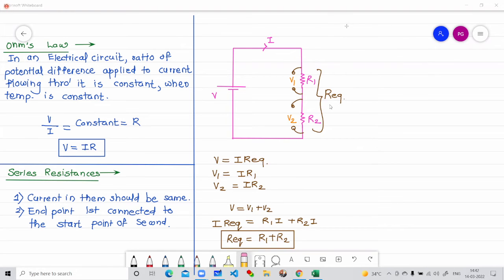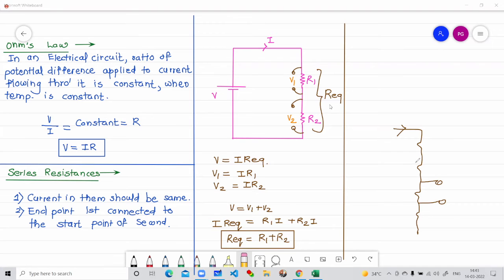This is applicable only for series resistances, one thing. Second thing is, whenever you find n number of resistances connected in series, and you want to find the drop across any one of them, applying that formula immediately, without calculating the current, you will be able to get the value.